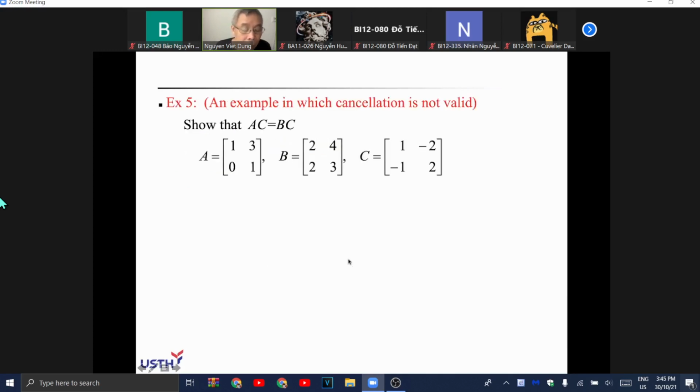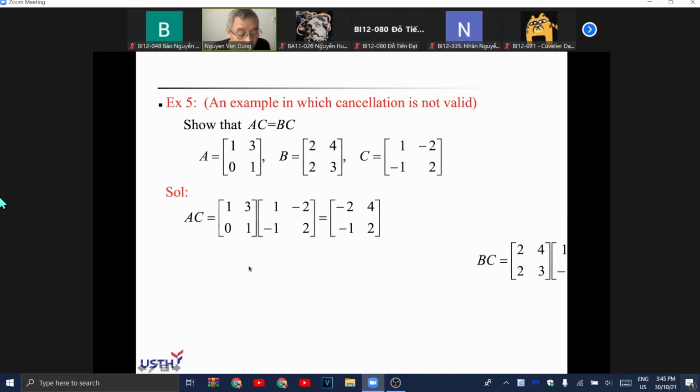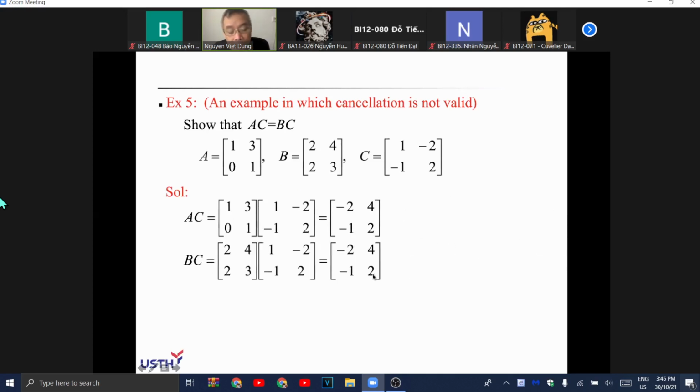But before that, we see an example. Suppose that we are given three matrices A, B, C like that, of the same size 2 by 2. We multiply them together. AC equals that. BC is that.